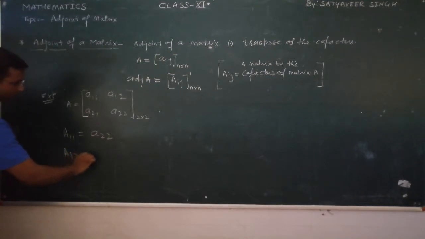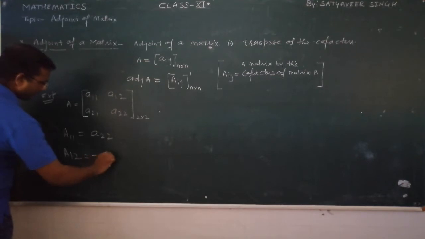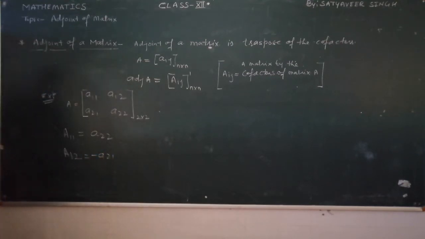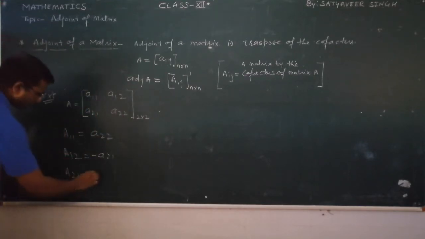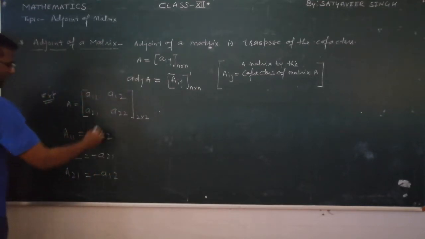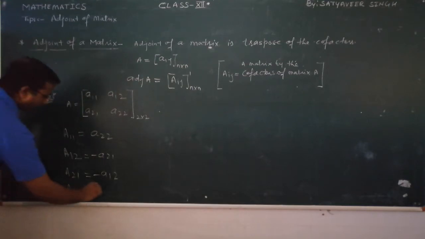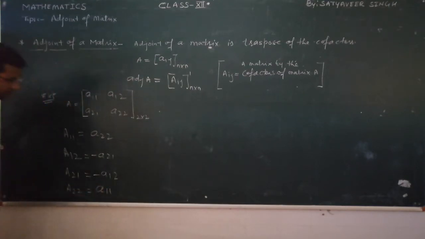The cofactor of A12 is minus A21, the cofactor of A21 is minus A12, and the cofactor of A22 is A11.